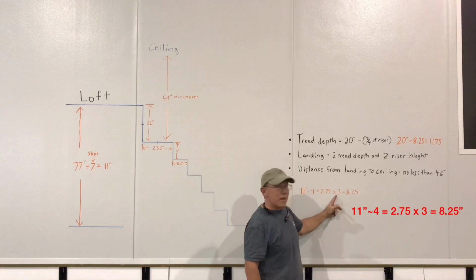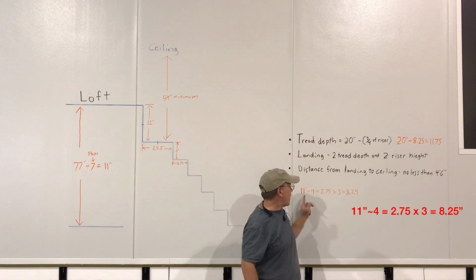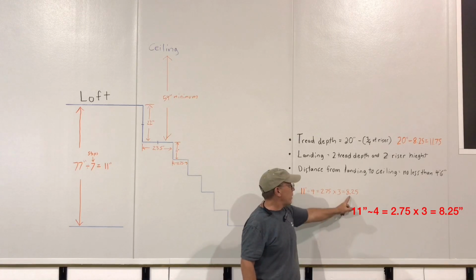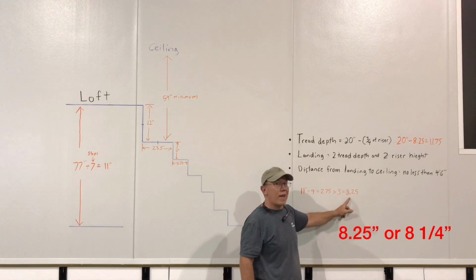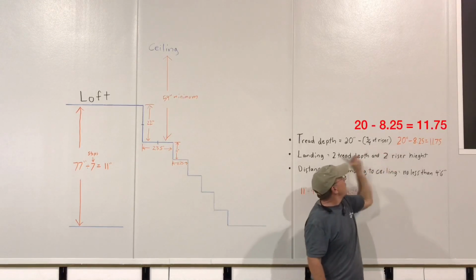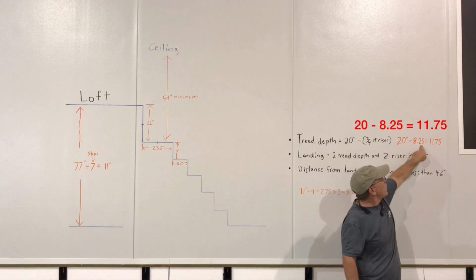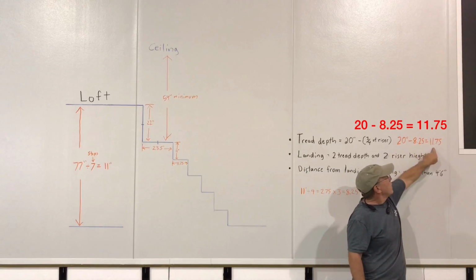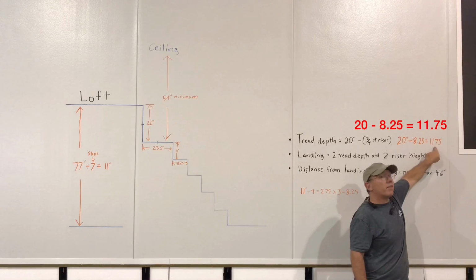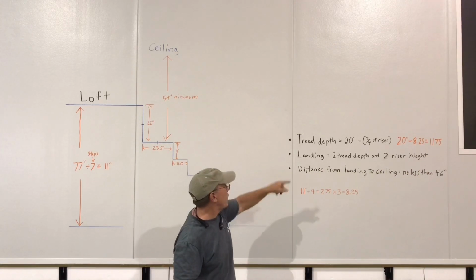We multiply that by 3 to get 3/4 of that height, which comes to 8.25, so 8 1/4 inches is our number for this equation. So 20 inches minus 8.25 equals 11.75, so 11 3/4 inches. That gives us our tread. That's how you work that formula.